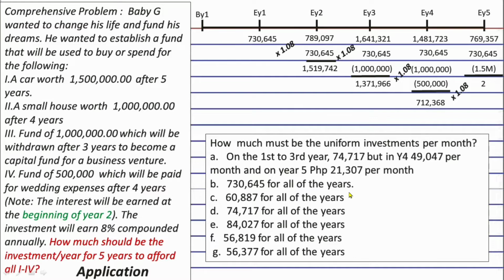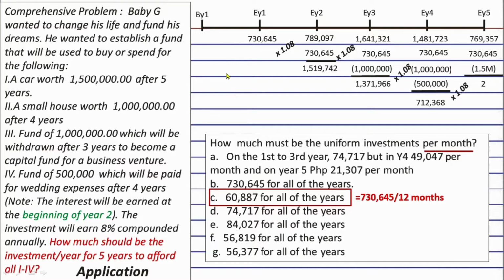This 730,645 is the investment per year, right? And the question is asking for the investments per month. So, we still have to divide it by 12. And we will get 60,887 if we do that per month, which is this letter C. So, that's the only twist for this question.